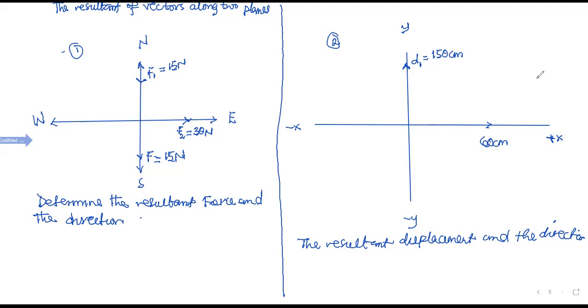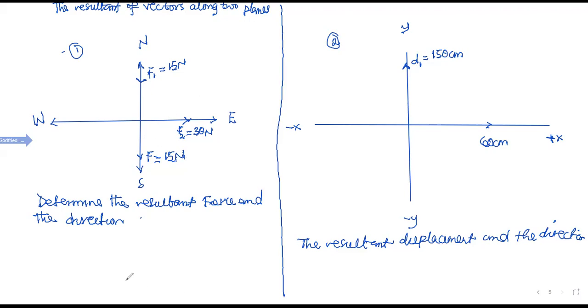Back to you. Let's look at the question given to the house. So here we have two forces, F1 and then F2, acting along the south: F1 acting due south and F2 acting due north.